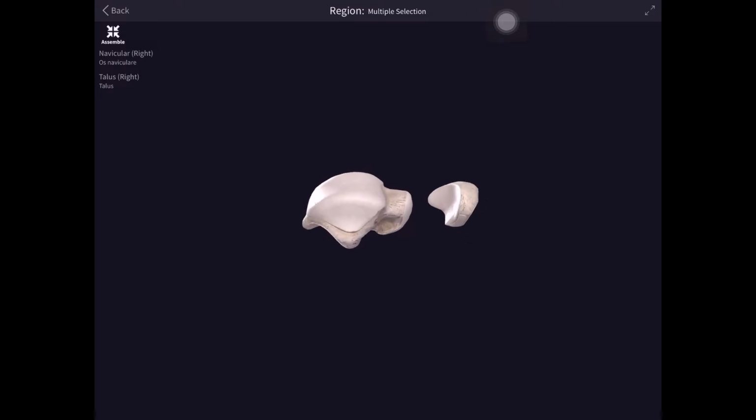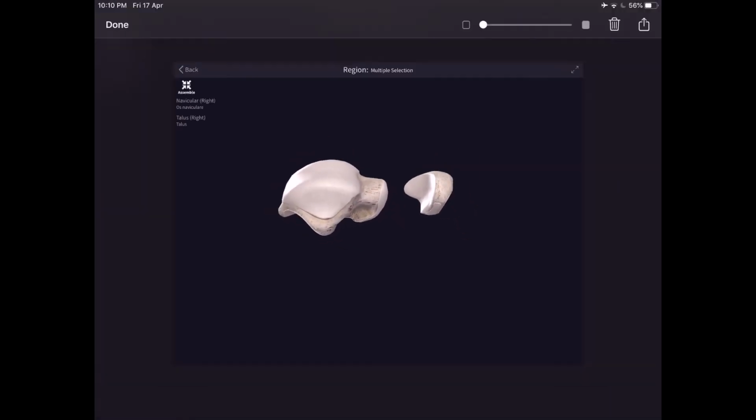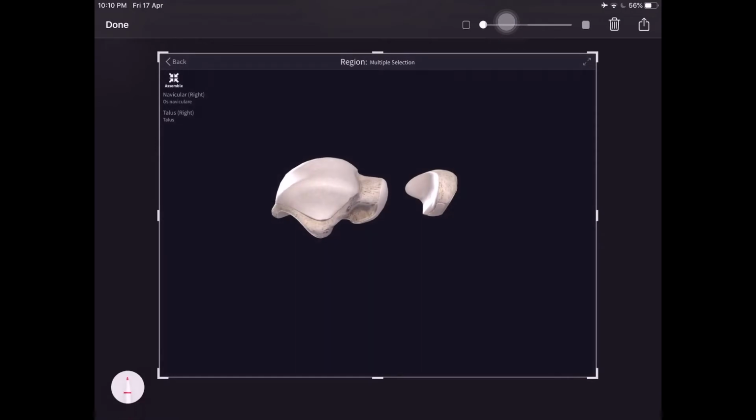Okay, next is the posterior surface we are seeing now. So see the posterior surface here. That's your posterior surface, or simply you can call it the proximal surface. This posterior surface of navicular is articulating with the head of talus, and you can see it is quite concave, deeply concave.